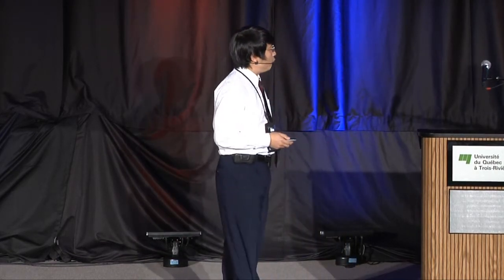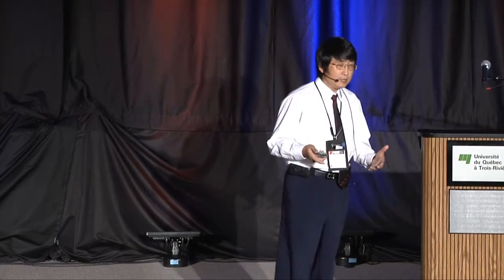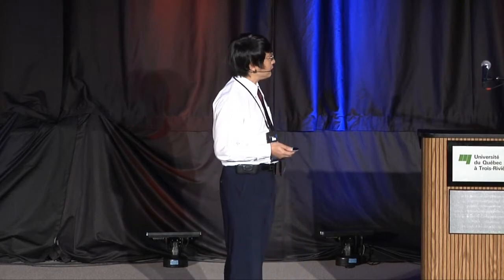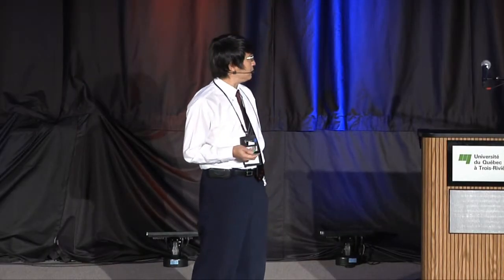Once we extend our knowledge, one DC and one campus network become global. This is a DC example. They have more than 50 DCs around the world, so they need to use links to connect them together.